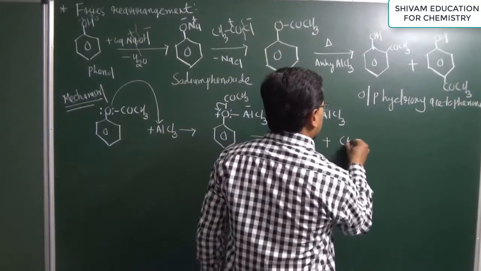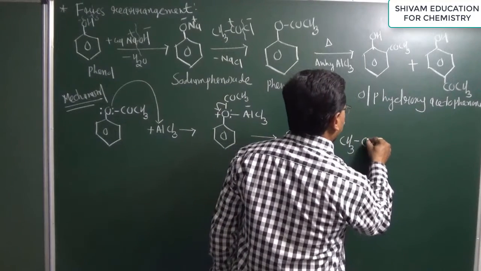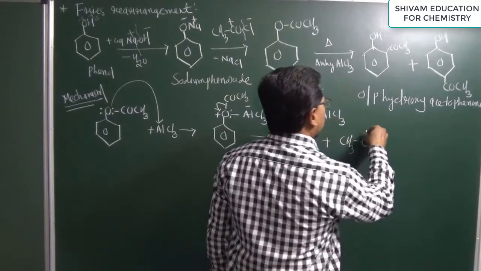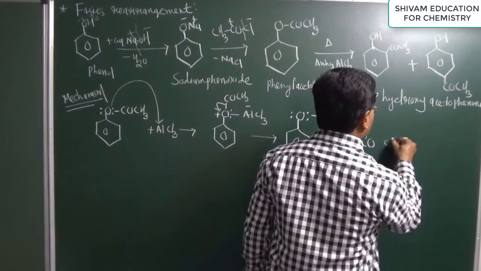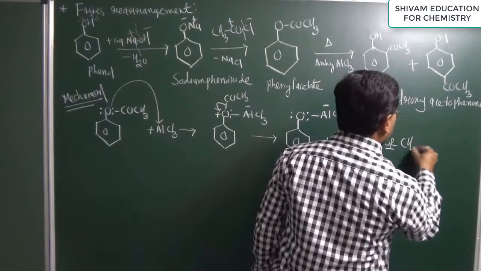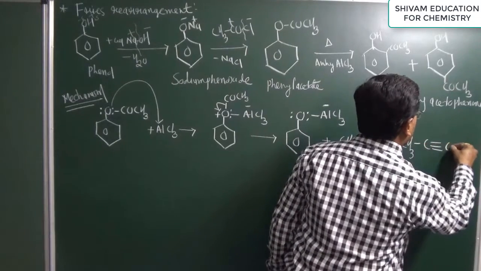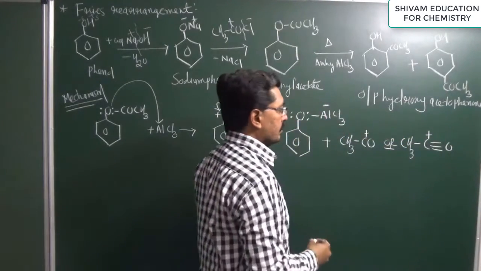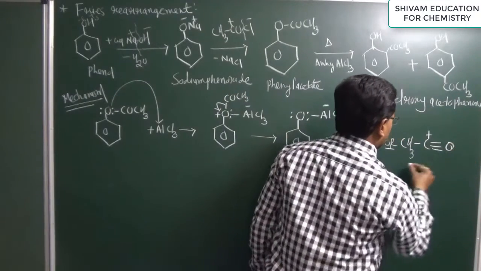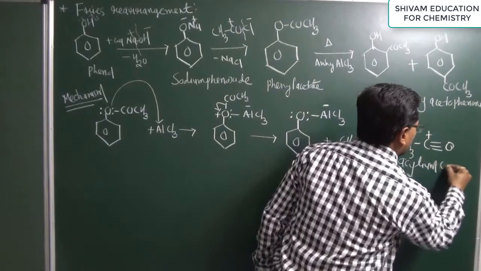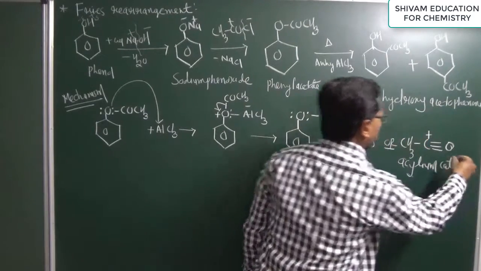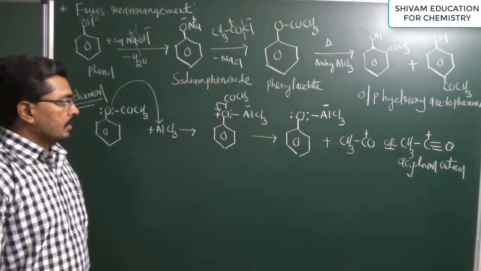Whatever CH3CO plus is obtained is known as an acyl cation. We can also write this as CH3 C triple bond O, where carbon has a positive charge. This is known as the acylium cation. So this acylium cation is obtained.